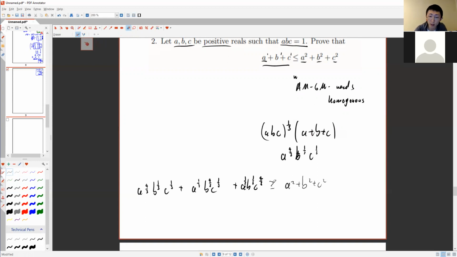So now, what's an appropriate weighted AM-GM for this? Here these are like a squared, b to the 0, c to the 0. Because this majorizes 4/3, 1/3, 1/3, we should be able to find some weighted AM-GM solution.